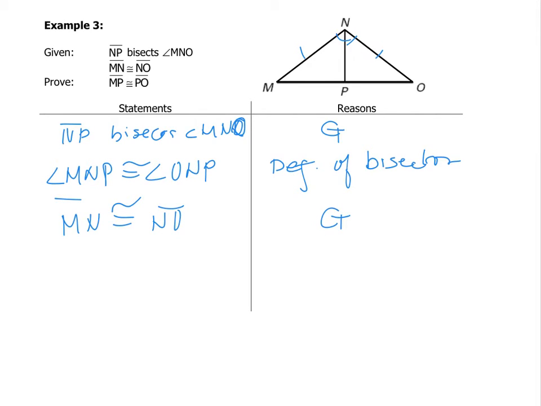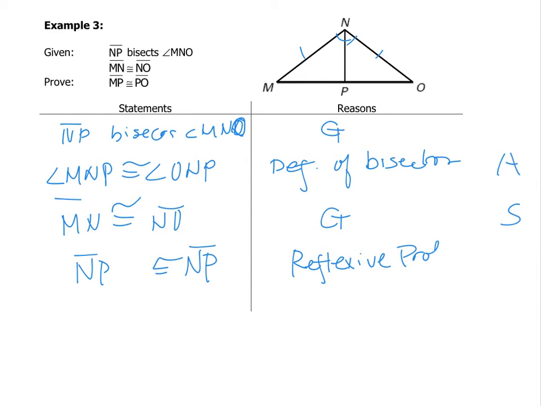Notice at this point I already have an angle, I already have one of the sides, and I happen to notice that if I have NP, I would have two sides sandwiching an angle. So NP obviously is congruent to itself, and that's by the reflexive property of congruence. And now I have my second S here, right?